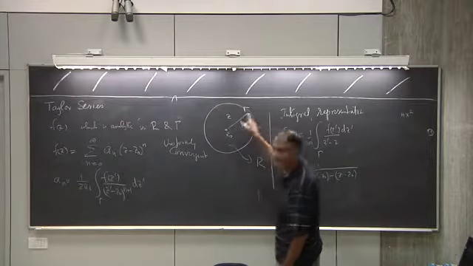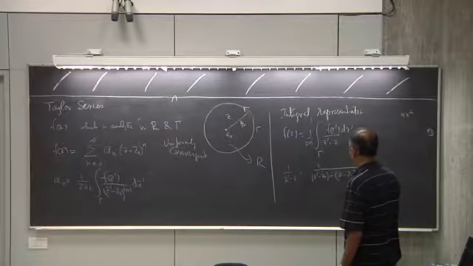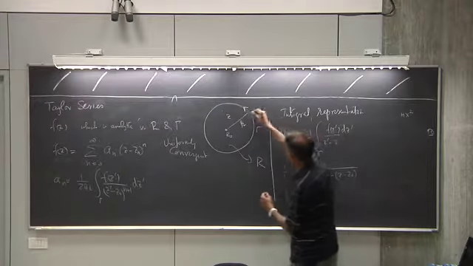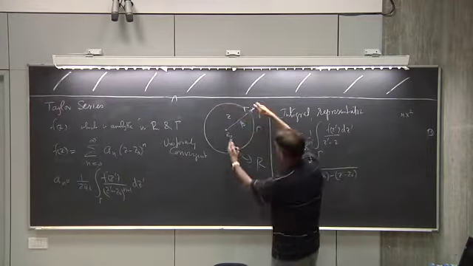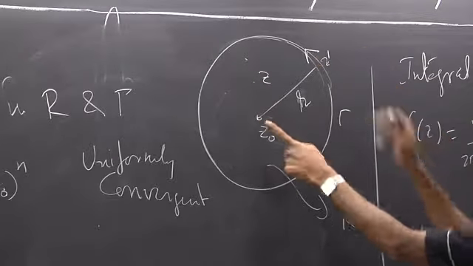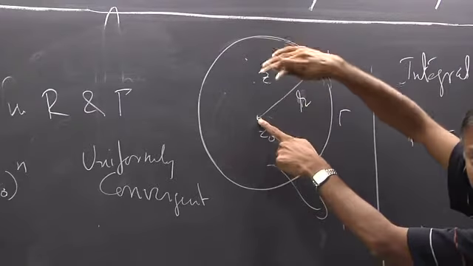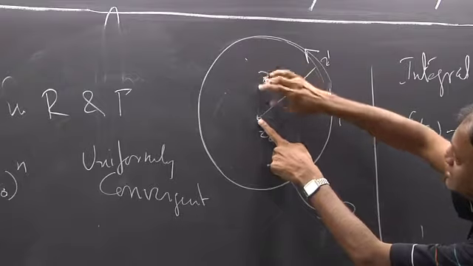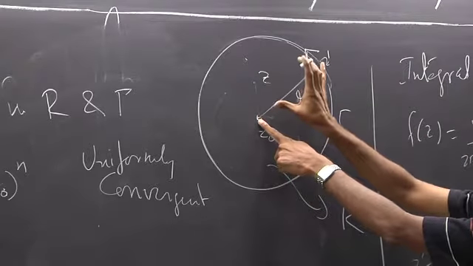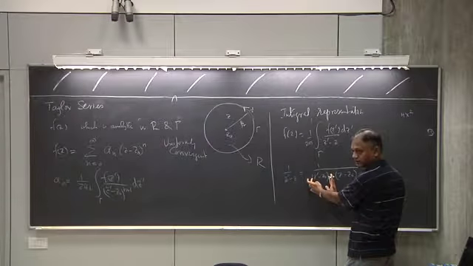So z prime is some point on the circle, and z prime minus z naught has length r, whereas z minus z naught, because z is in the interior, has a smaller length. So the absolute value of this quantity will be less than the absolute value of that quantity.